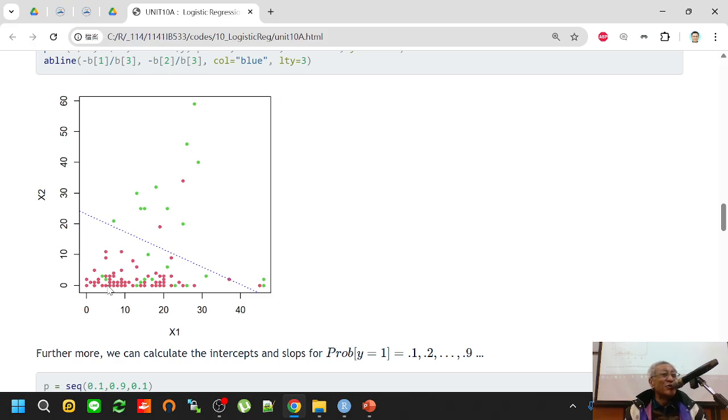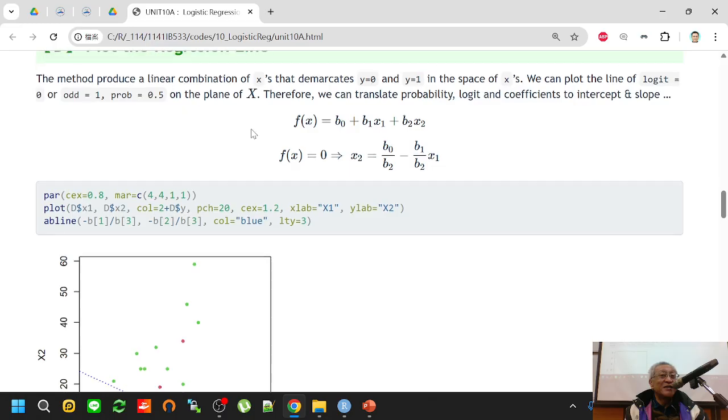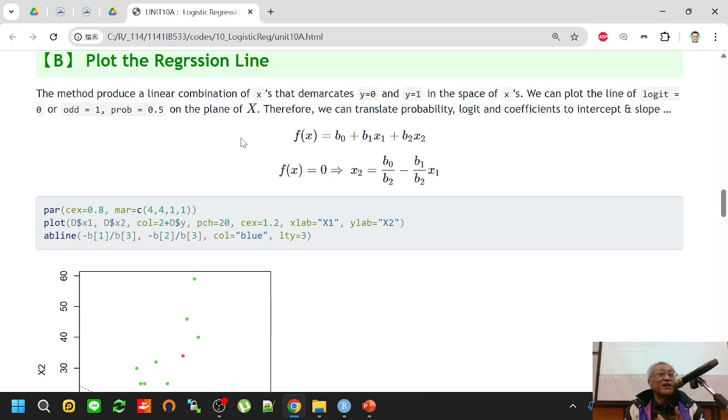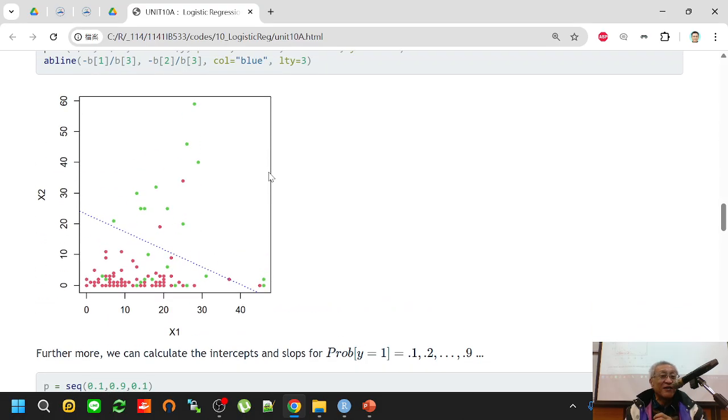The reason we call logistic regression a kind of linear regression is that it still has this linear relationship between x and y, right? But this time the line is drawn in the space of x. This is x1, this is x2.